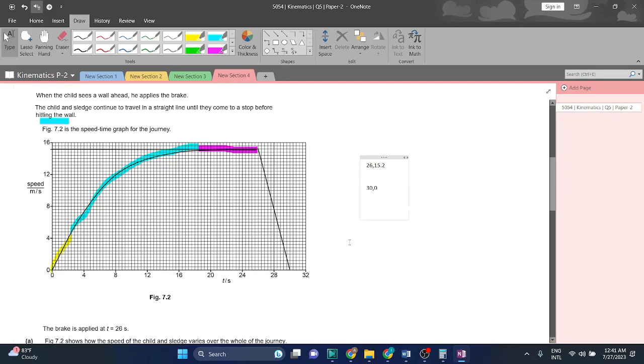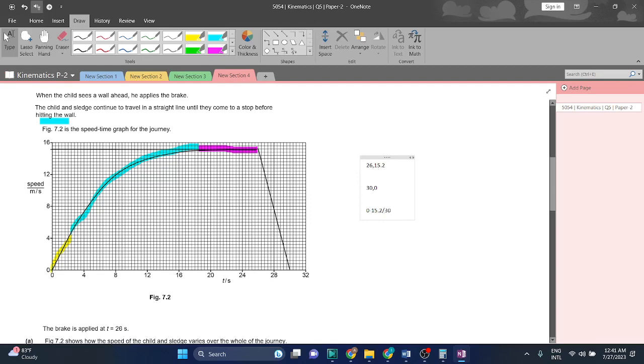So if we apply the formula, y2 minus y1: y2 is 0, minus y1, y1 is 15.2, divided by x2 minus x1, x2 is 30 and x1 is 26.